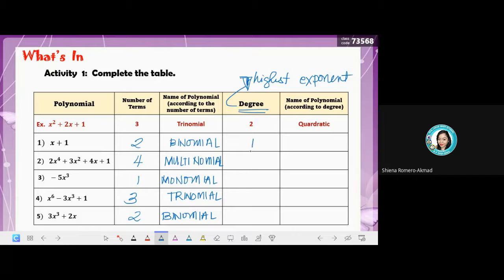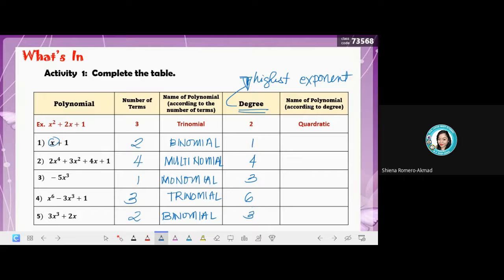So, this is 1, correct? Kasi ito, pinakamataas na exponent ng variable x is 1. How about for number 2? 4, correct. Number 3? That's 3, correct. Number 4? 6, correct. Number 5? O, di ba? Ang bilis sumagot ng classmate nyo. So, 1, 4, 3, 6, 3.